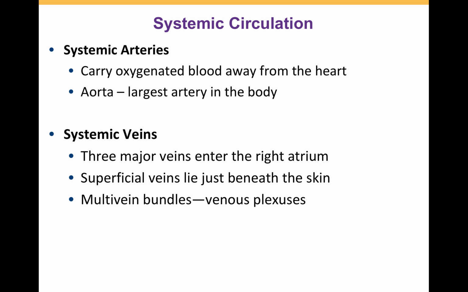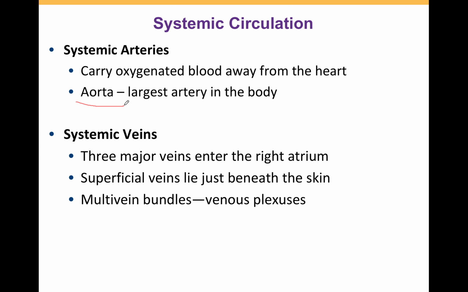Kind of again a review of what we already discussed. Systemic arteries are going to be carrying oxygenated blood from the heart toward the body, so the systems of the body can use that oxygenated blood. The most important blood vessel, as we mentioned, is the elastic artery called the aorta.